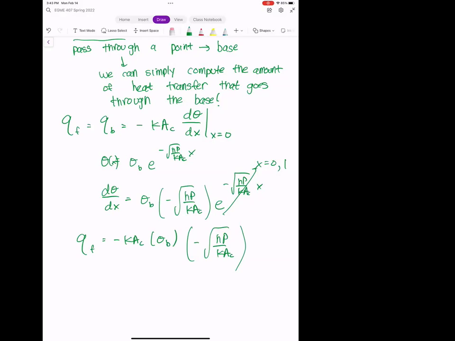We do a little bit of the math here. And so we have a KAC up top. We have a KAC on the bottom, okay? And so those are going to partially cancel out because one's under a square root, the other one's not, okay? We have a minus sign that's going to cancel out here, okay?